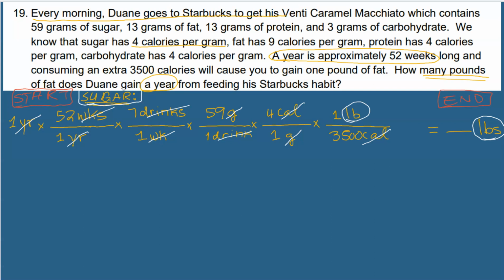As far as the math goes, you just do the calculation. This is multiplication of fractions, so multiply straight across. On the numerator, you have 52 times 7 times 59 times 4. On the denominator, you have 1, 1, 1, 1, which you don't need to write, so that's just 3,500 on the denominator.